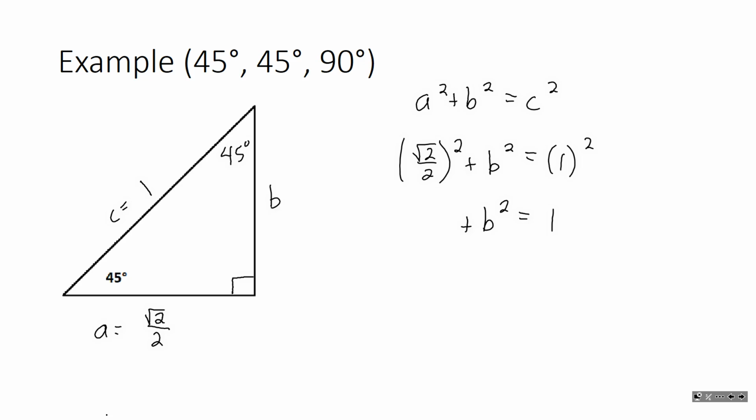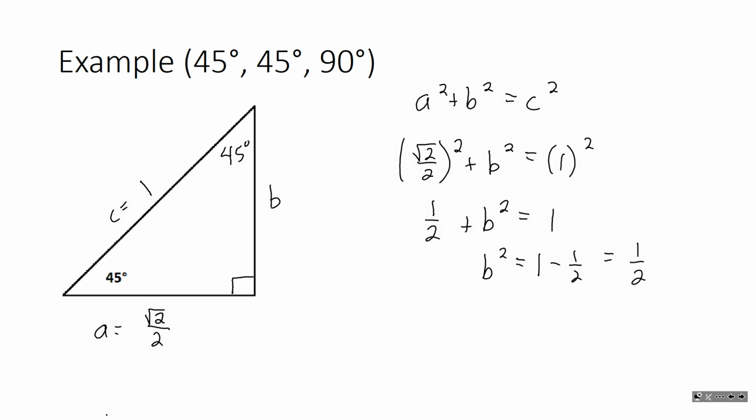So let me get rid of that and I'll reduce it. Okay. All right, now to solve for b squared, we'd have to take 1 and subtract the 1/2. Well, 1 is the same as 2 halves, so 2 halves minus 1/2 would just be 1/2.